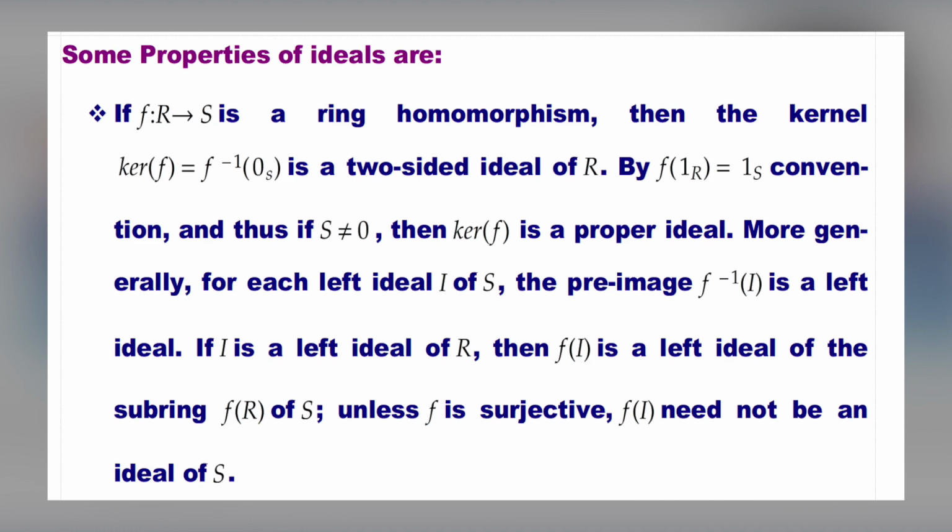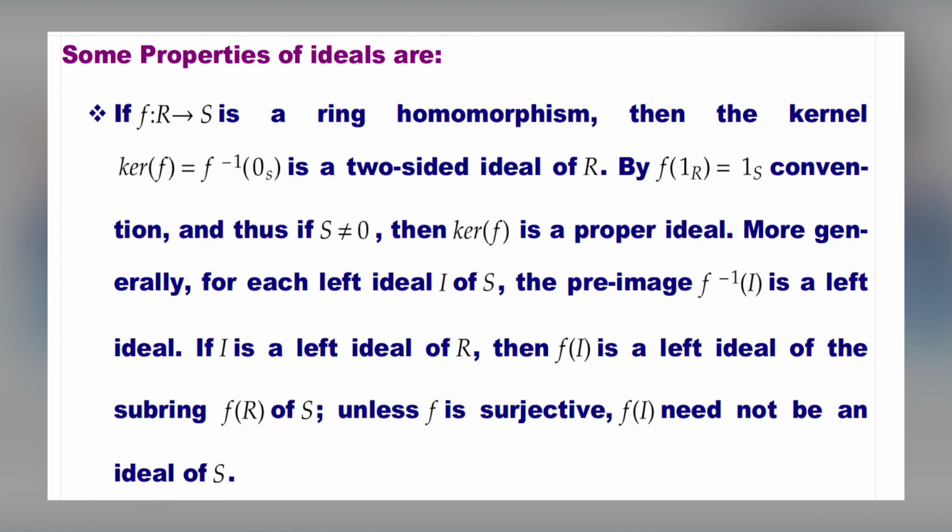If f from R to S is a ring homomorphism, then the kernel of f, equal to f⁻¹(0_S), is a two-sided ideal of R. By the f(1_R) = 1_S convention, if S is not equal to 0, then the kernel of f is a proper ideal.